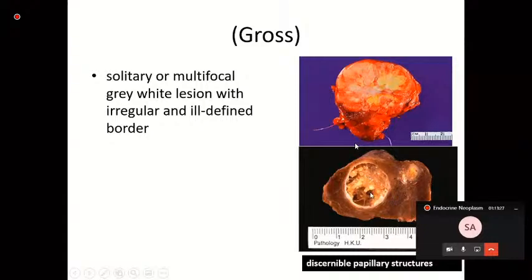Okay, papillary carcinoma. So when we do fine needle aspiration, if we aspirate, we can see the fluid.